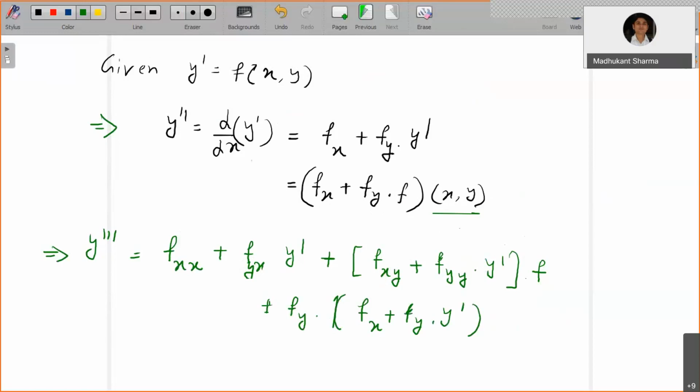Now open it up. What you will get is fxx plus... Now also assume the mixed derivative theorem, which guarantees that fyx and fxy are the same thing, so it doesn't matter in which order you differentiate. The mixed derivative theorem assumes continuity of the partial derivatives up to second order.